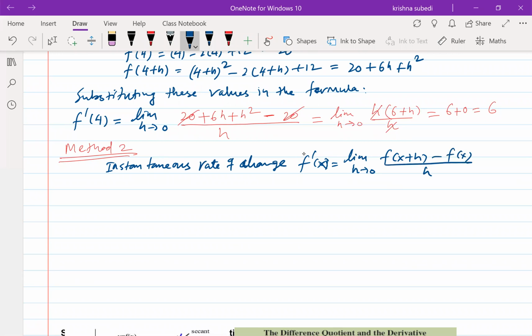Before, we used x equals 4 directly, but in this case, we just use the general formula. And then after we find the general equation for the slope of the tangent line, we plug in the value x equals 4 later.